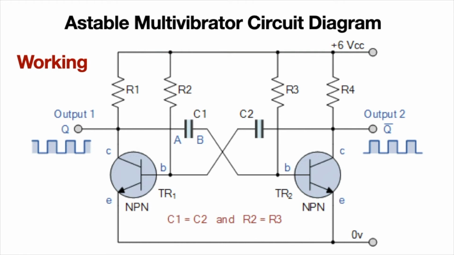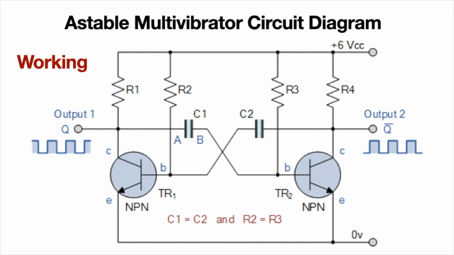Now whenever capacitor C1 charges up to 0.7 volt, that 0.7 volt will also appear at the base of the other transistor, that is transistor Q2. Therefore our transistor Q2, TR2 in our circuit, starts conducting and goes to saturation region. Therefore Q2 will act as a short circuit.